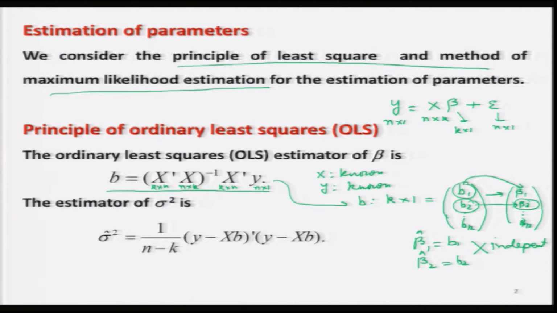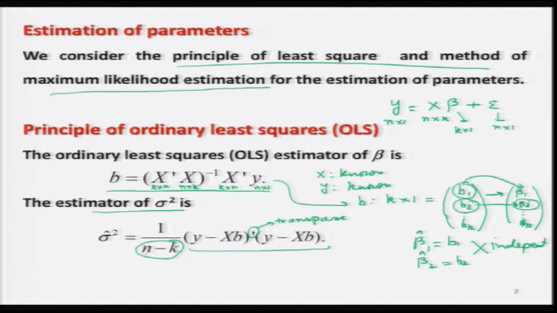Next is our estimator of sigma square. Once you have obtained the beta vector by b, we replace beta hat by b, and we can write the sigma square hat as y minus x b transpose y minus x b. This is the transpose of a matrix or a vector, and it is divided by n minus k.